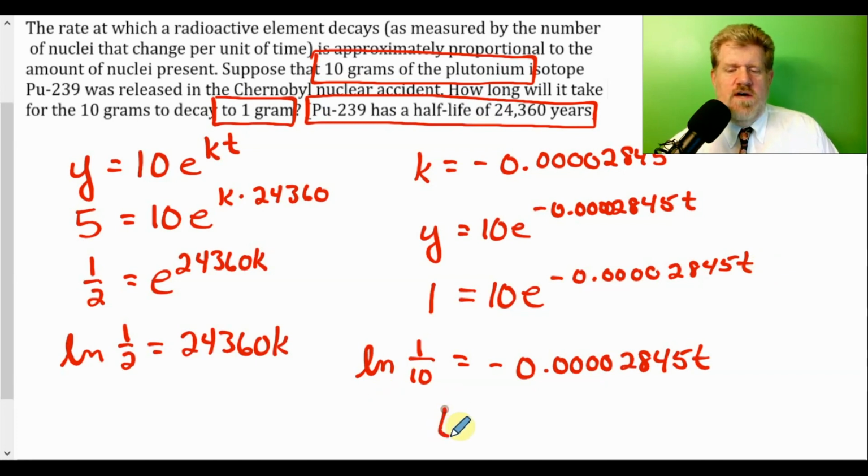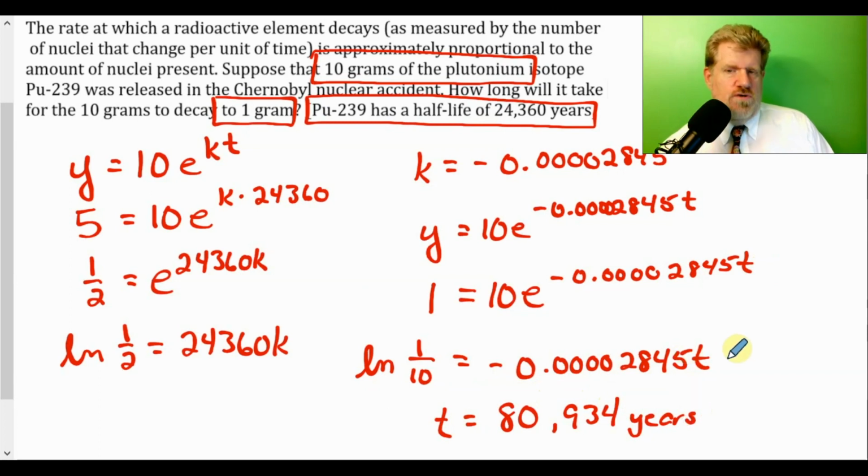So my t-value, once I take the natural log of 1/10 and divide it by this number, would be approximately 80,934 years.